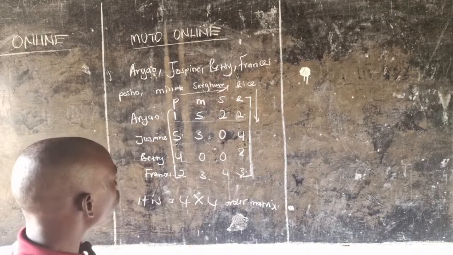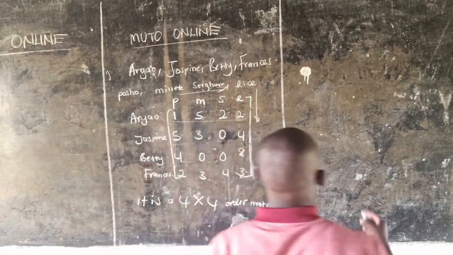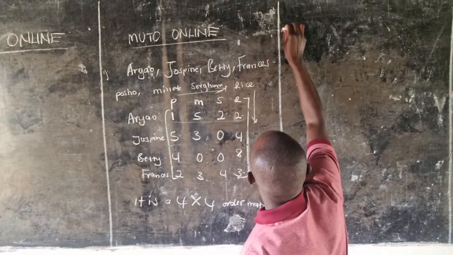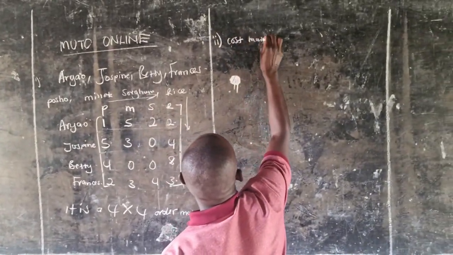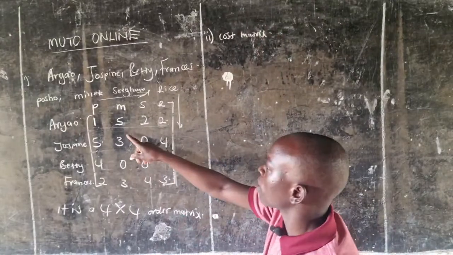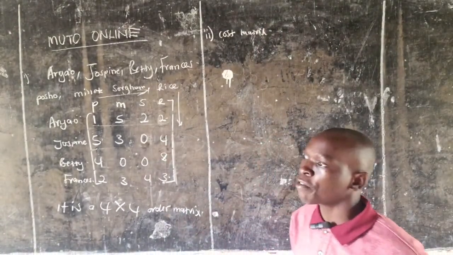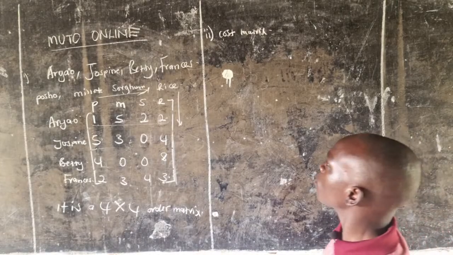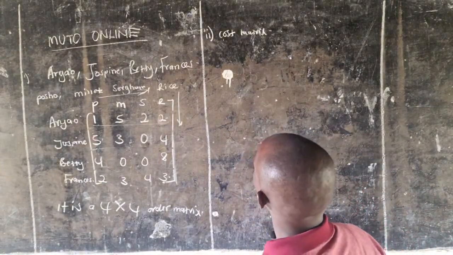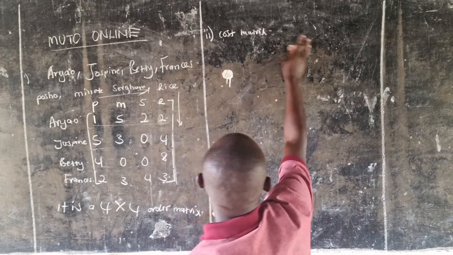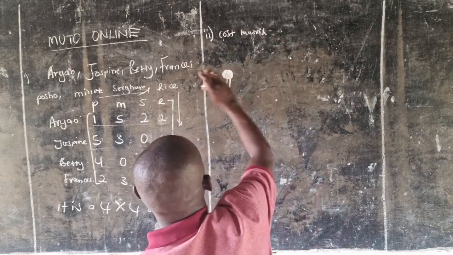Then they want us also to come up with the cost matrix. So Roman 2 here, we shall have the cost matrix. Now these items were each priced differently. This time round, we are going to write the cost matrix.